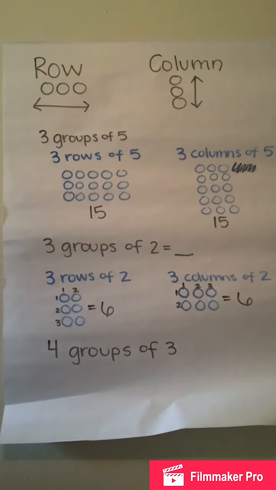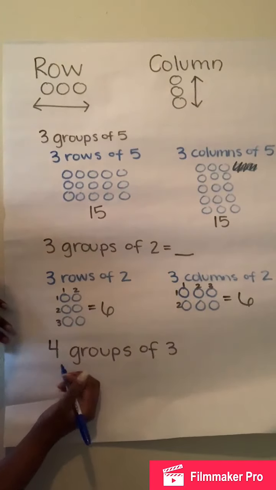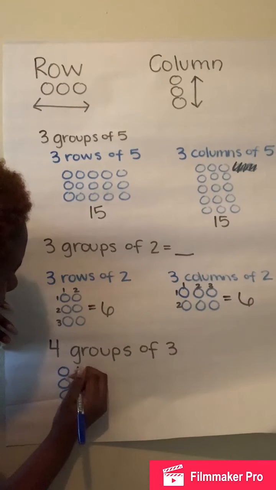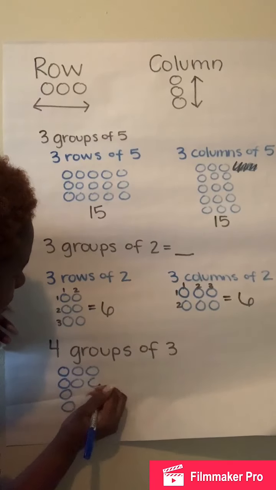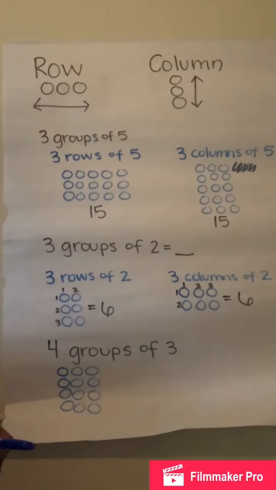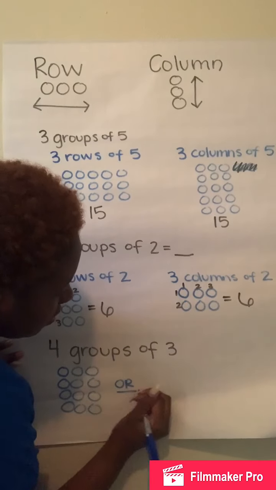Four groups of 3. We can draw this using rows and columns. I can either draw 4 rows of 3, or I can draw 4 columns of 3.